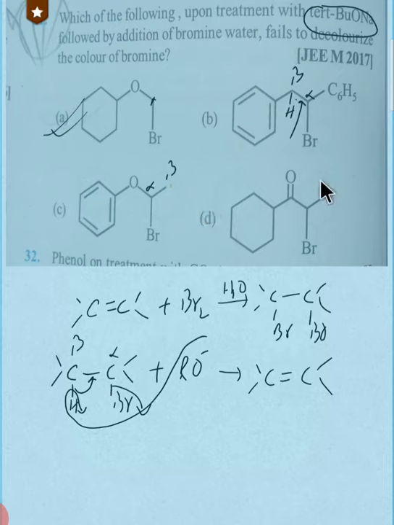In this case also, there is one beta carbon atom, beta hydrogen is there, elimination of this hydrogen will take place to form a double bond here, and this Br will be removed, so there will be a double bond and this will react with bromine. So this is the correct option, right?